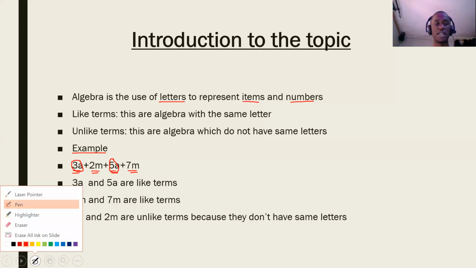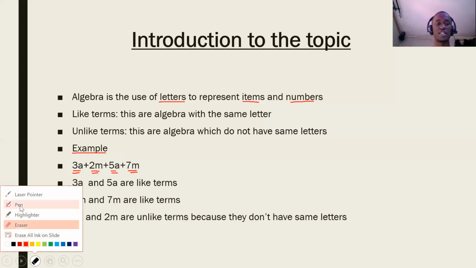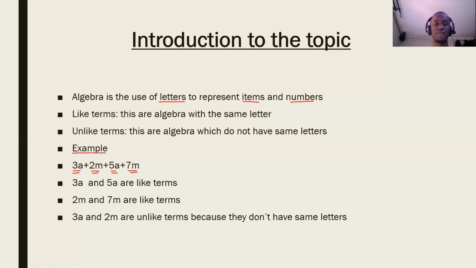Why am I calling them like terms? Because 3a and 5a share the same letter, while 2m and 7m share the same letter.